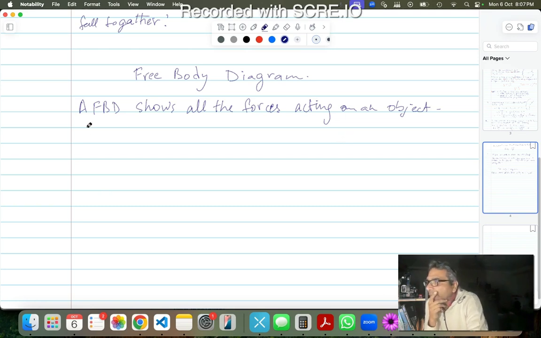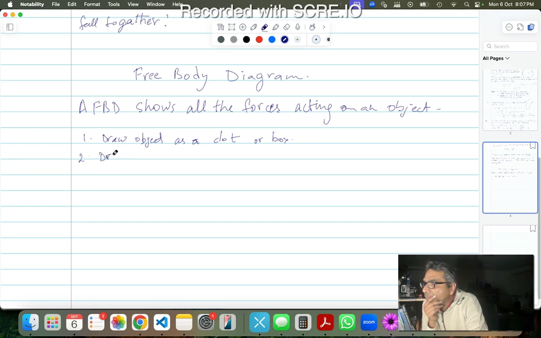So to draw that, these are the steps. First, draw the object as a dot or box. Second, draw arrows for each force.